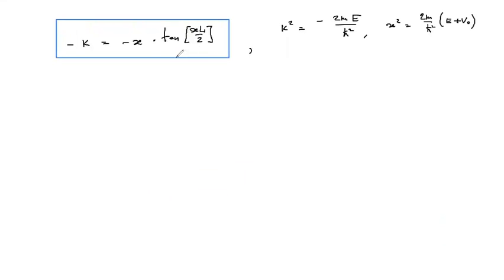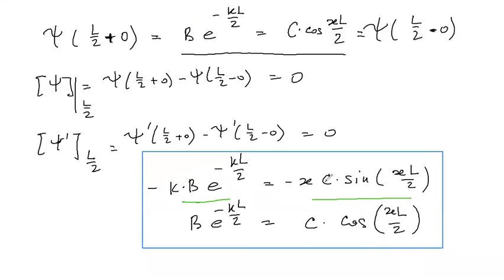I can solve this equation to find energy. Once I know energy, I know K and kappa. I can relate coefficients B and C, so I can get rid of one of them and have only another left. And then I just normalize my wave function. So I can find the second coefficient. So this sounds like a plan.